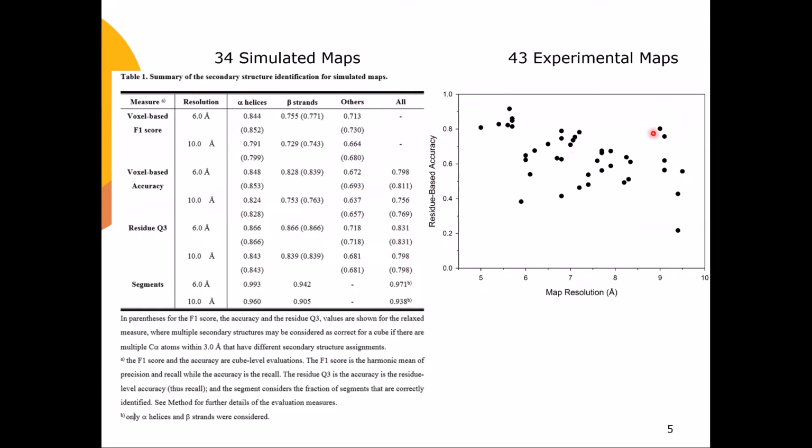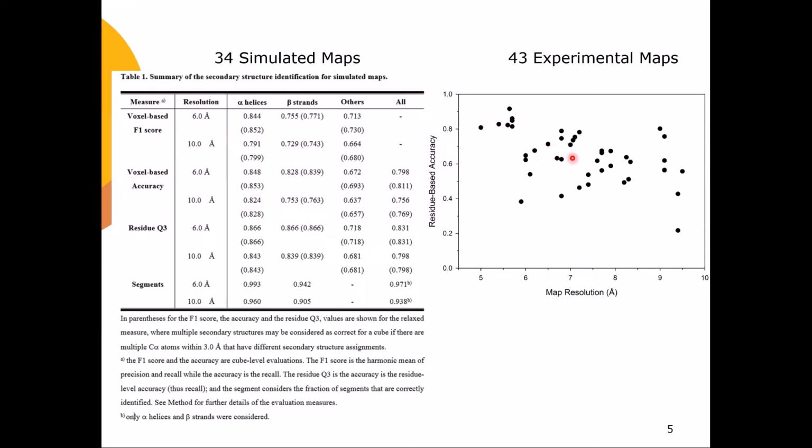Now, when we apply it to the experimental maps, the x-axis is the resolution of the maps reported by the author. The y-axis is the accuracy of detecting secondary structures. When the resolution is between 5 to 6 angstrom, the accuracy is over 80%.